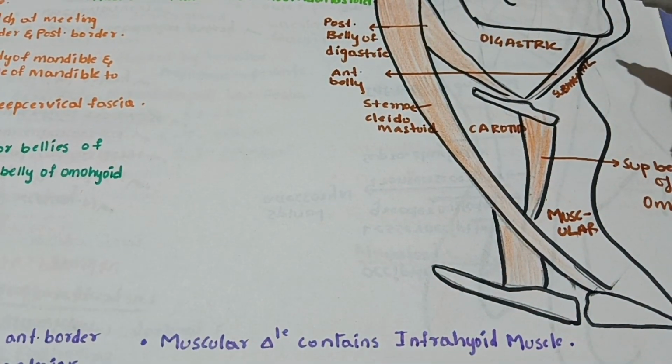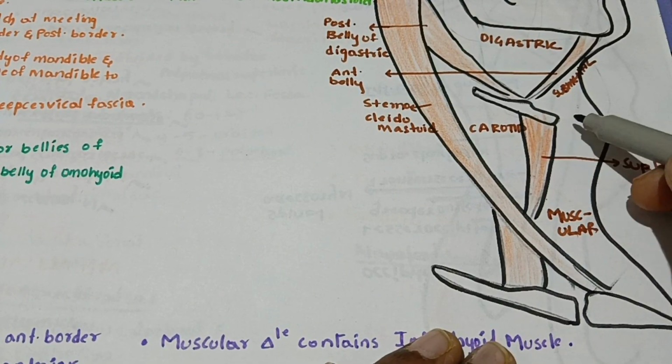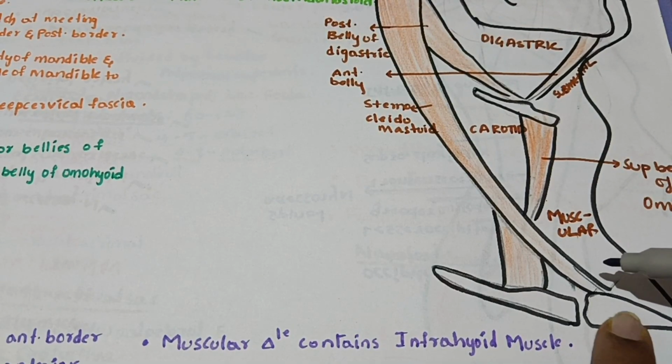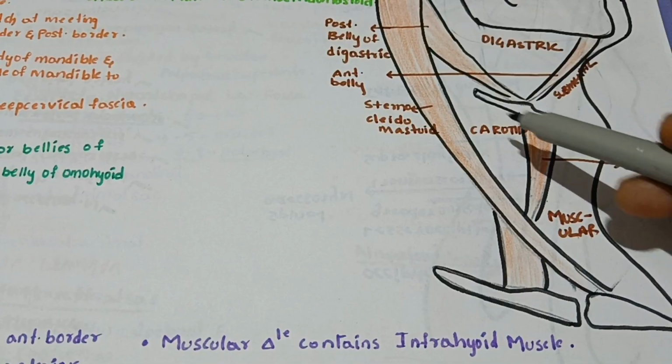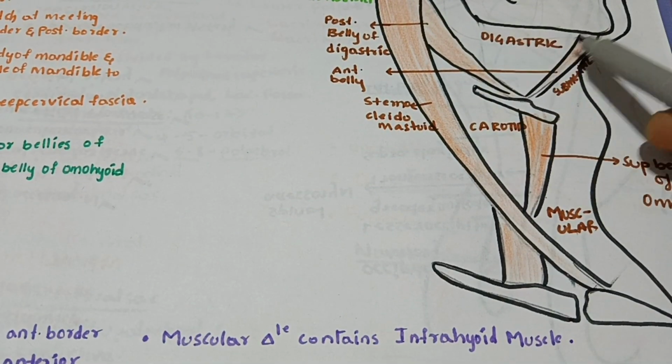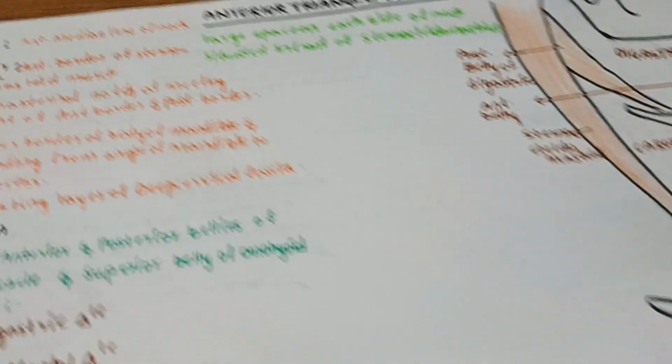There the apex is above and the base is towards the clavicle. Here the base is upwards and the apex is downwards. The apex is formed by the sternal notch, the meeting point of the anterior and posterior borders, whereas the base is formed by the base of the mandible.